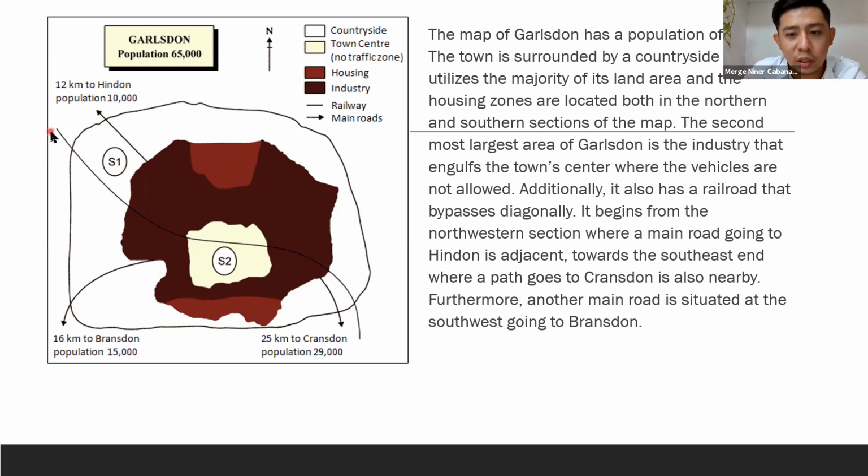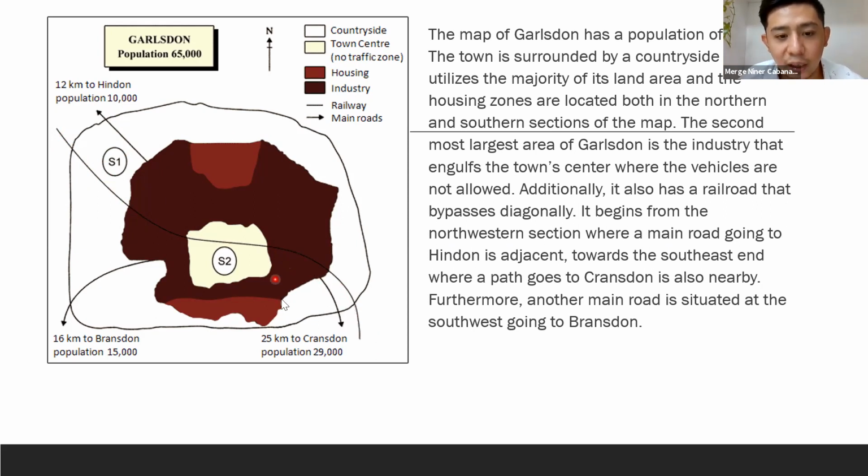The northwestern section is where a main road going to Hindon is adjacent. Again, when you say adjacent, katapat. So here is the line, the beginning of the railway, and then here is the road going to Hindon. They are parallel. They are side by side. Okay. Towards the southeast end, so from northwest, you run diagonally towards the southeast.